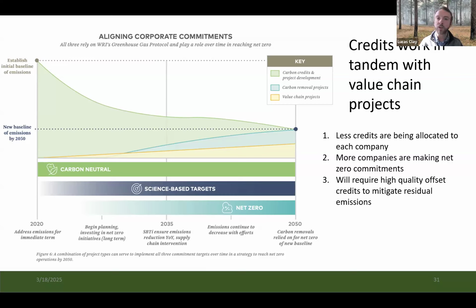So they're doing value chain projects as they identify their need and their ability to do that. But at the same time, we don't expect that carbon projects or carbon offset credits will ever go away. There will always be residual and scope 3 emissions that are required to be offset, and high quality carbon credits are going to be really important for those going into the future.